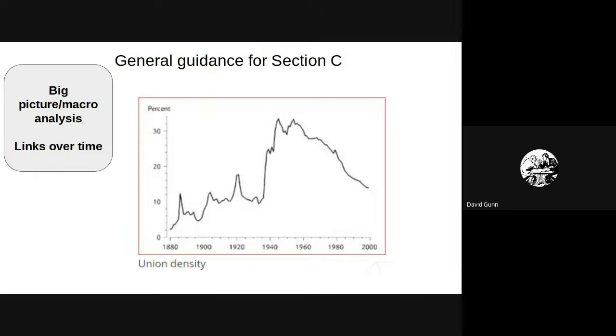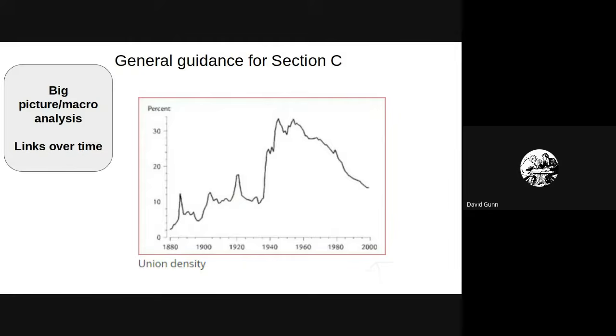To illustrate that, here's a graph that I've used on a course I used to teach about workers' rights in the USA over the late 19th and 20th centuries. Here's a graph of union membership in the USA. If you're taking this step back, you should be able to explain why there are these high points and then these drops in union membership.